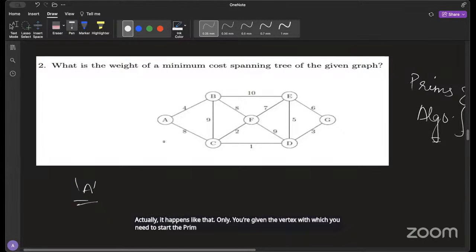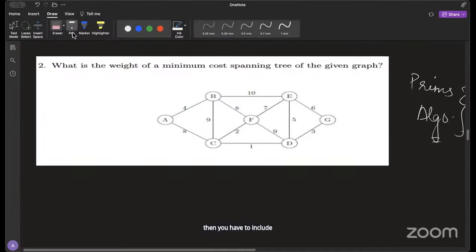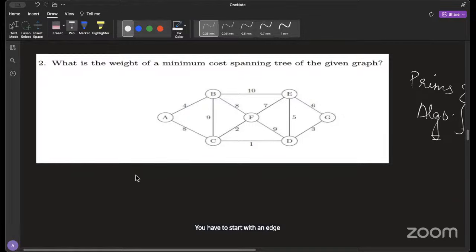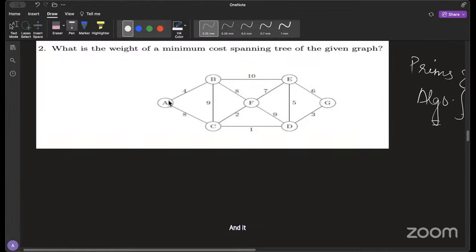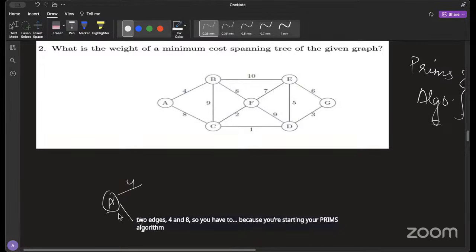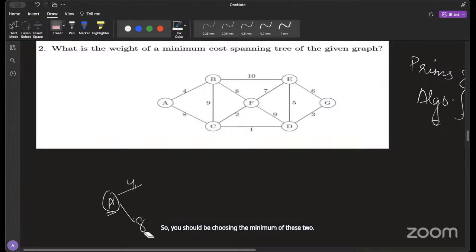Let's say you've been given A, then you have to start with the least weight edge that involves A. From A you have two edges, 4 and 8. Because you're starting Prim's algorithm from vertex A, you should choose the minimum of these two, not the minimum of the entire graph. So you start with the minimum of these.